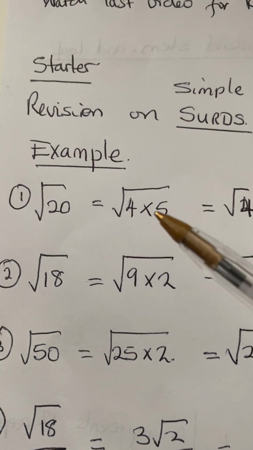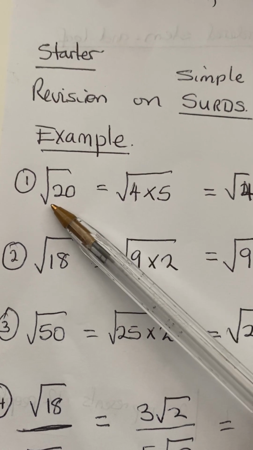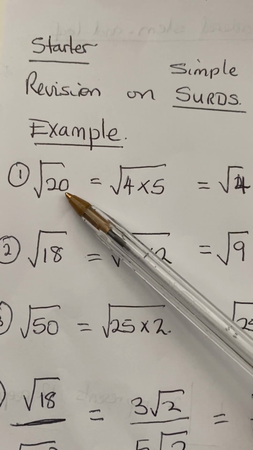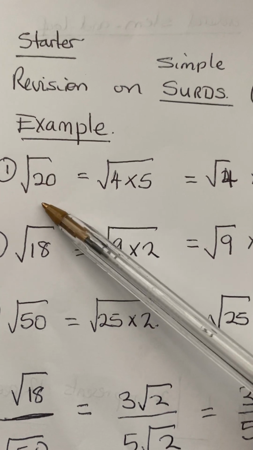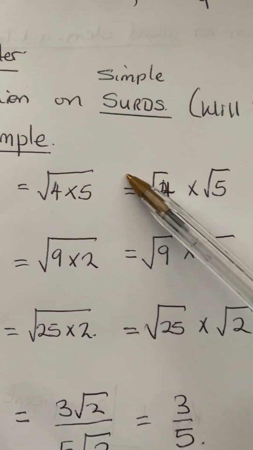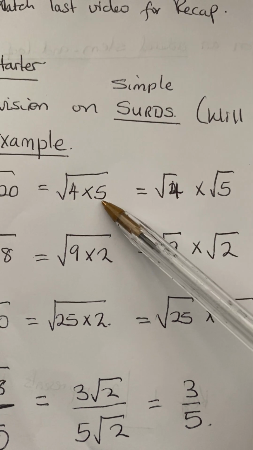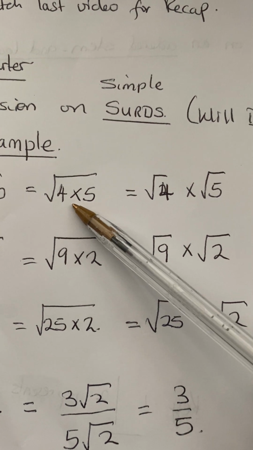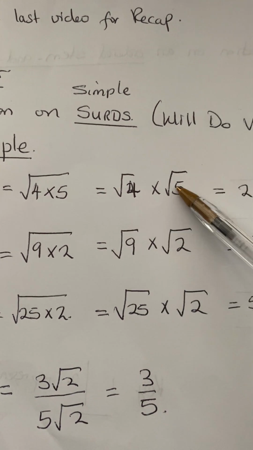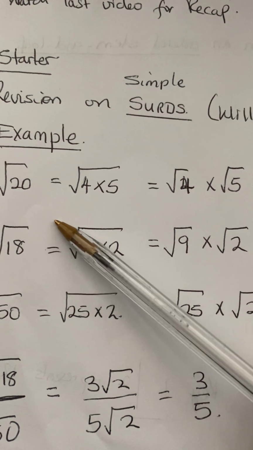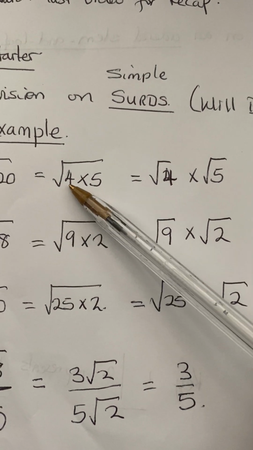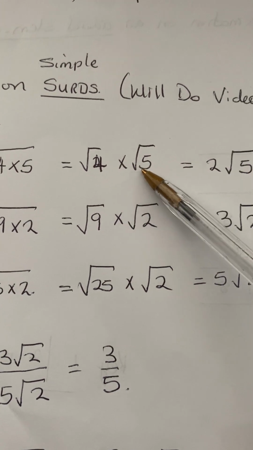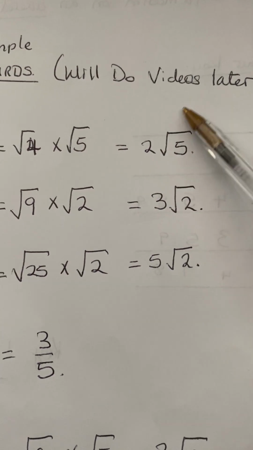The first example is the square root of 20. 20 can be written as 4 times 5. If you break it down, you have the square root of 4 times the square root of 5. The reverse is also true. The square root of 4 is 2, so you have 2 root 5, and that will be your answer.